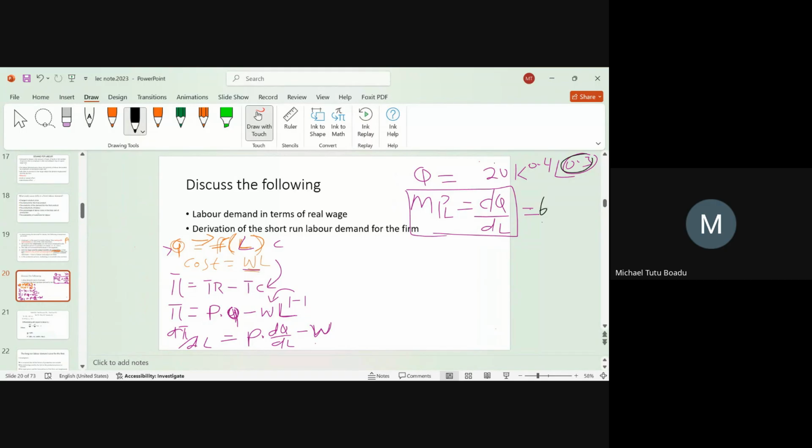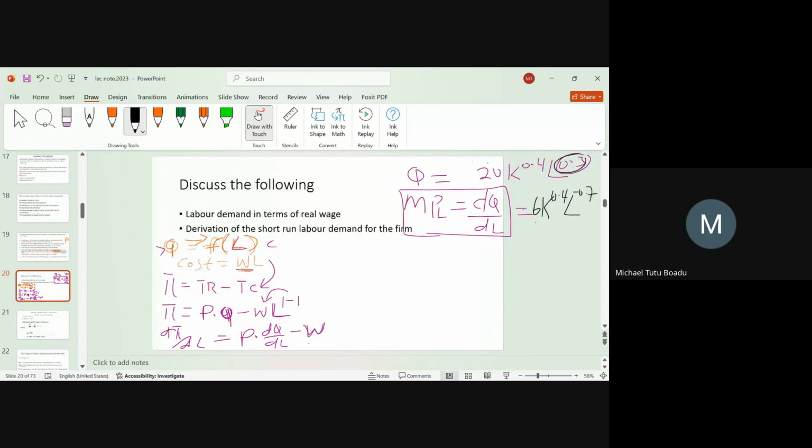Then you subtract 1 from 0.3. So you have K 0.4 and L. If you subtract 1 from this, you have minus 0.7. This is your marginal product of labor. So look at this. This is the same as what you have here. It's the same as change in Q over change in L. So it means that it is also the same as the marginal product of labor.